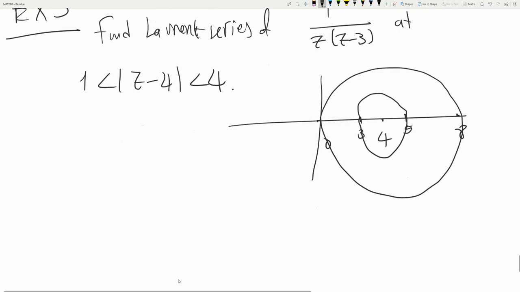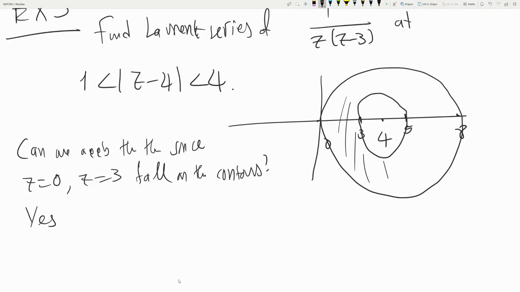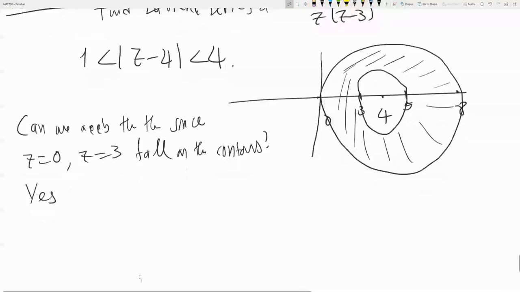Okay, so can we apply the theorem? Since z equal 0 and z equal 3 fall outside the contours, yes, the theorem says that you cannot have a pole inside, and we don't. So f is still analytic, so there's no problem there.